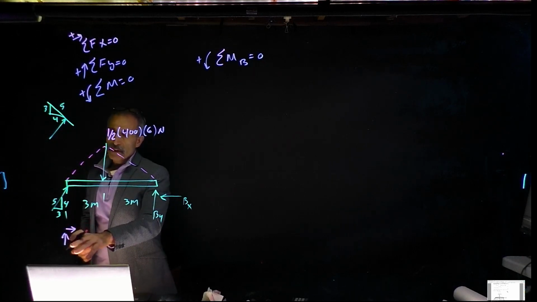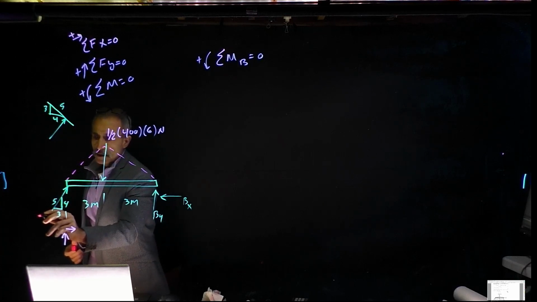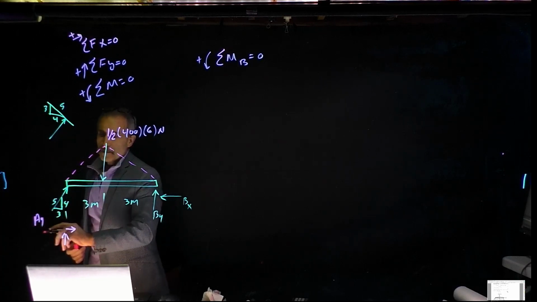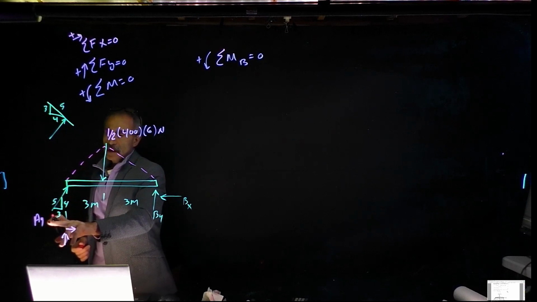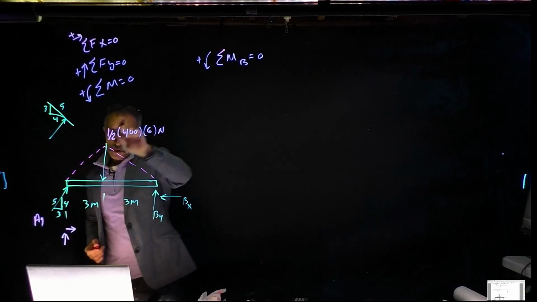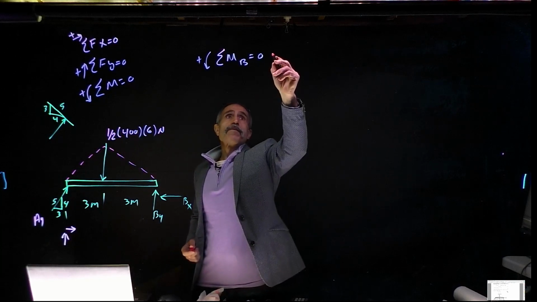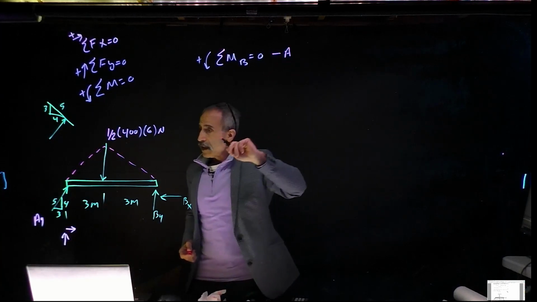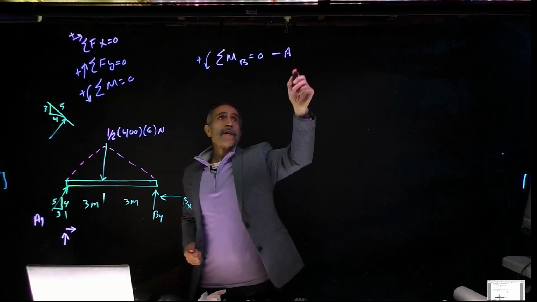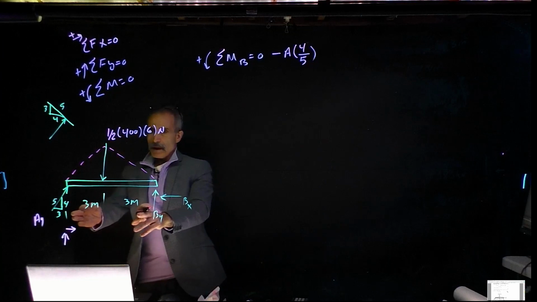The y component, let's call this A, is the vertical component, which is 4 divided by 5 of A. It's coming up this way, so it's going clockwise and is negative. So I have negative A times 4 divided by 5, the vertical component, multiplied by 6 meters.